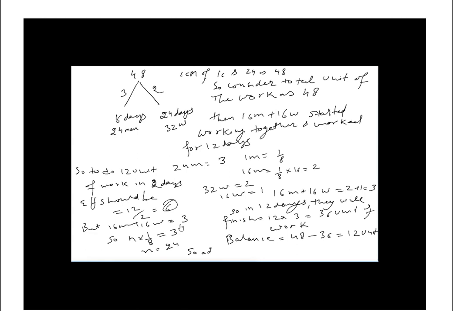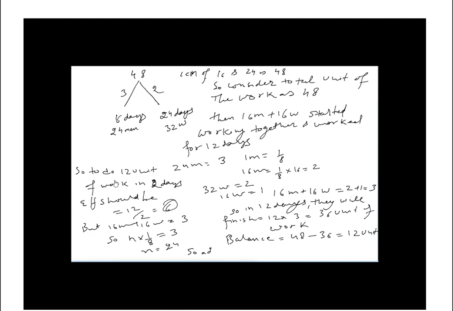So 3 additional efficiency we have to add. The question is asking how many more men are to be added to complete the remaining work in 2 days. So this 3 efficiency should come from additional men.